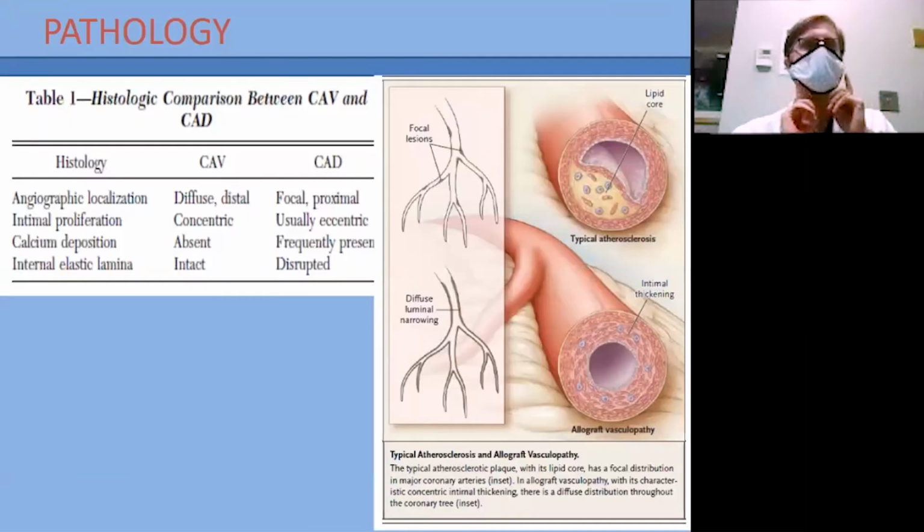So this is not your typical coronary disease. Typical coronary disease, as you can see in the top panel of the picture, is a focal proximal atherosclerosis. This is typically concentric, as you see with the intimal thickening here in this picture. It's typically diffuse. You may not appreciate it on angiography because you may not see a focal blockage.